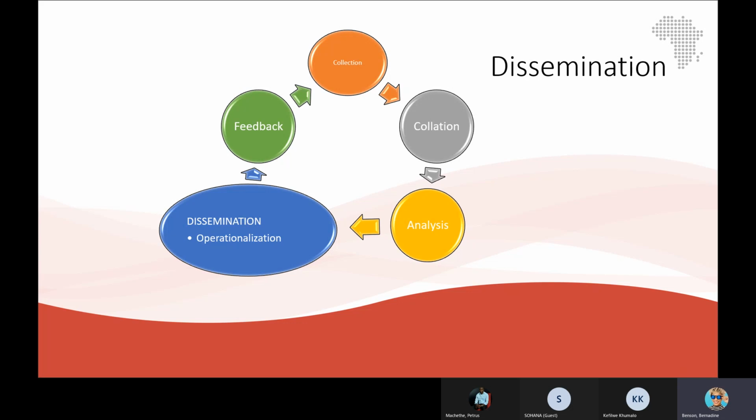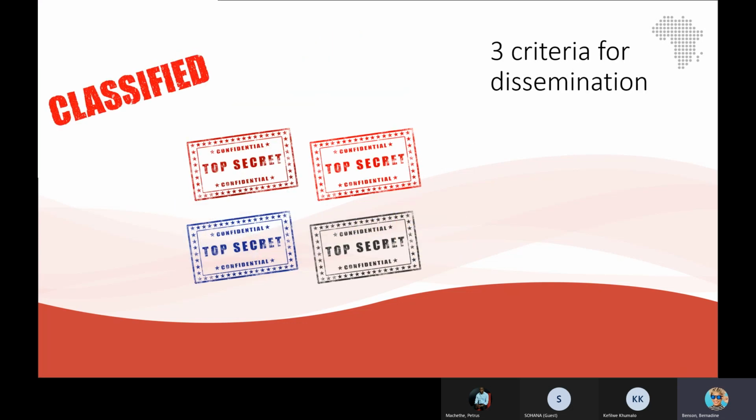And we can do this in various ways. There are three rules, or three criteria, that determine how you share your information. Now, the first principle is the right to know. Who is the legal recipient of the information, and to whom may you give this information? Who has access to this information? So that's the right to know, the legal recipient.